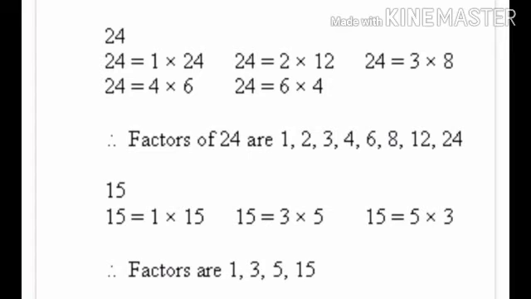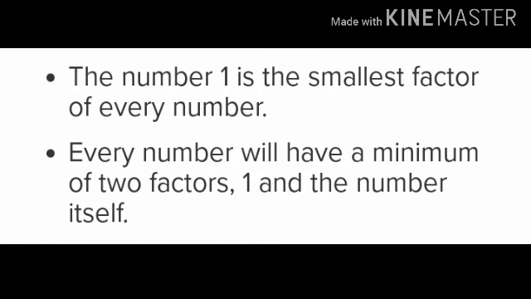Next example, write the factors of 15. 15 we can write 1 into 15, 3 into 5, 5 into 3. Therefore, factors of 15 are 1, 3, 5 and 15. After completing the examples, we can notice that the number 1 is the smallest factor of every number.